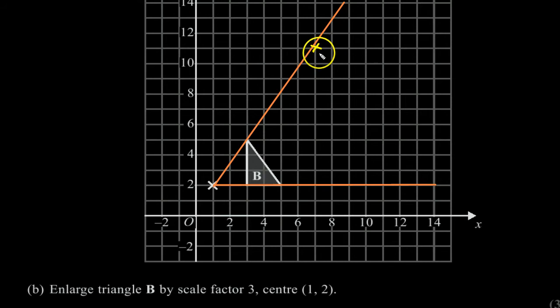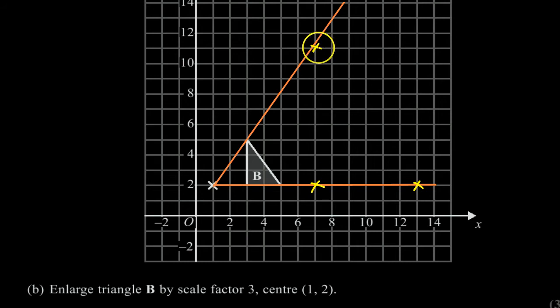The line's not very accurately drawn. And then here we go along 2, so we need to go along 6, times it by 3. Here we went along 4, so we go along to 12, don't we? 8, 9, 10, 11, 12. There we go, and there's our triangle in question.